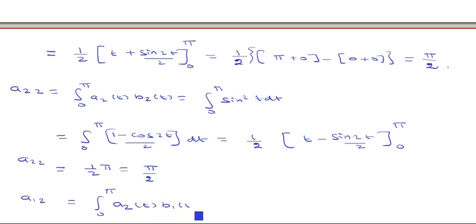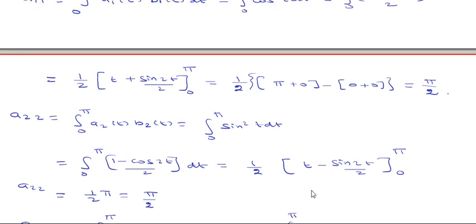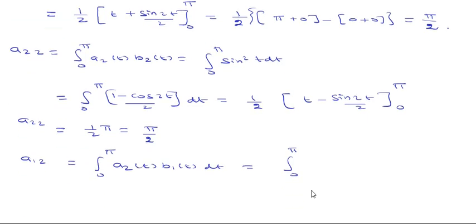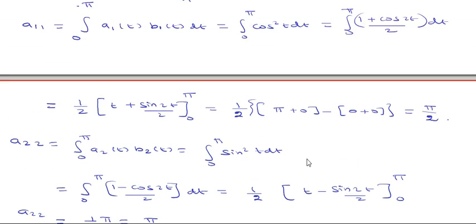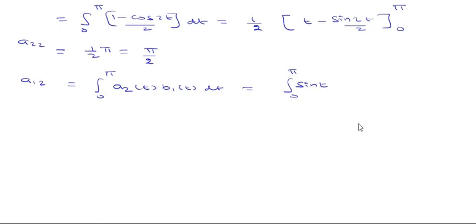Now a12 is the integral from 0 to pi of a2(t) times b1(t) dt. Here a2(t) is sin t and b1(t) is cos t, so this is the integral of sin t cos t, which can be written as 1/2 sin 2t dt.